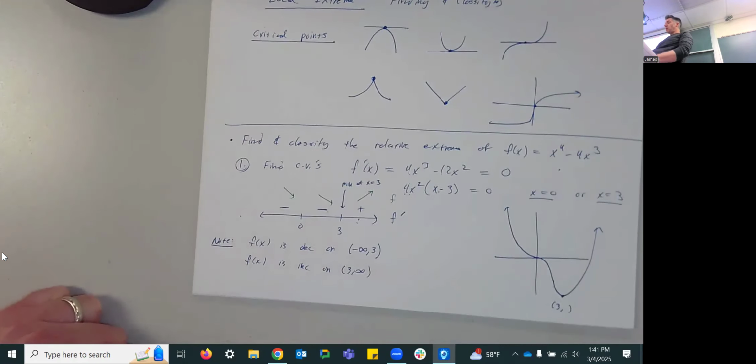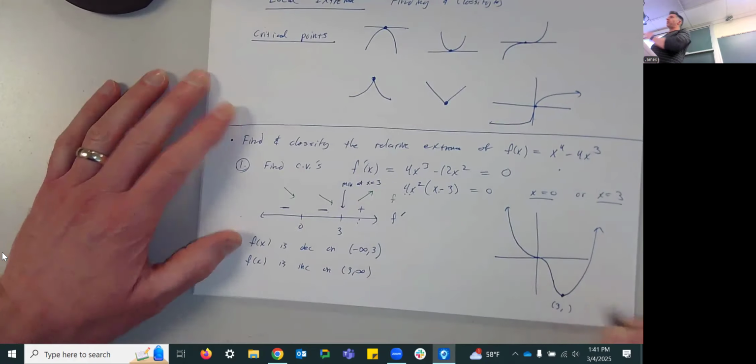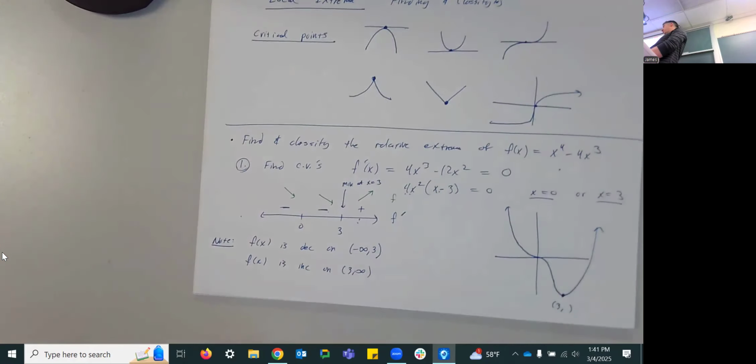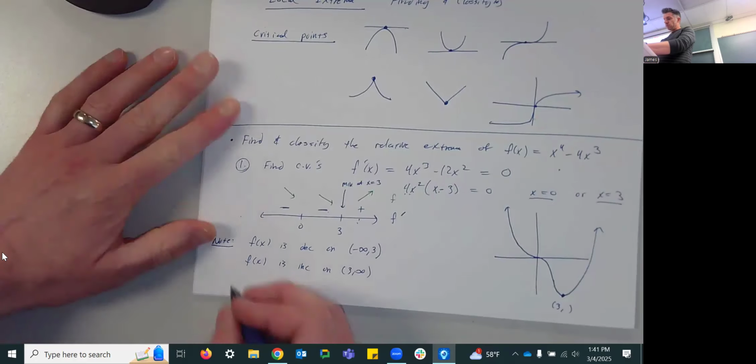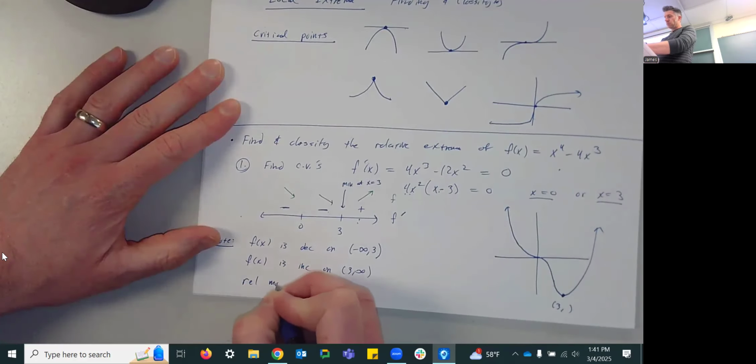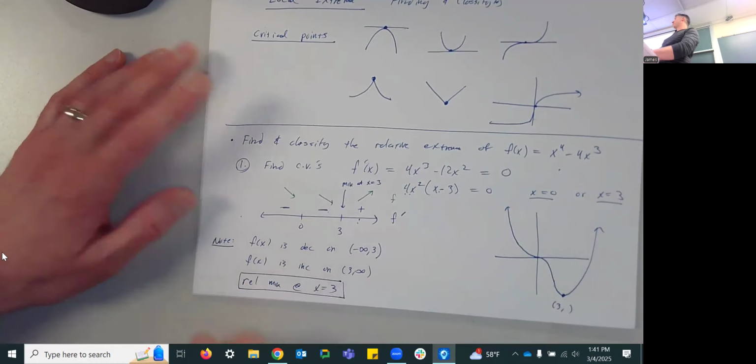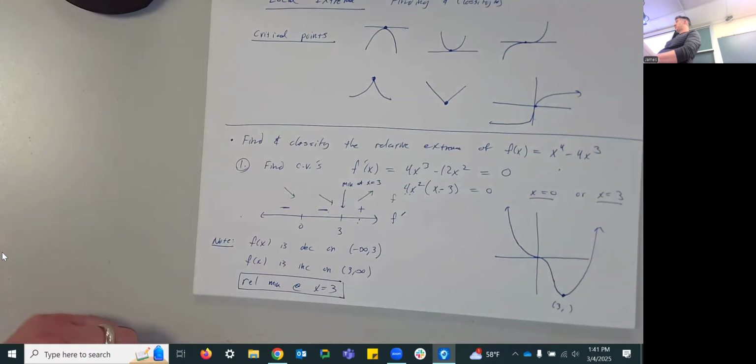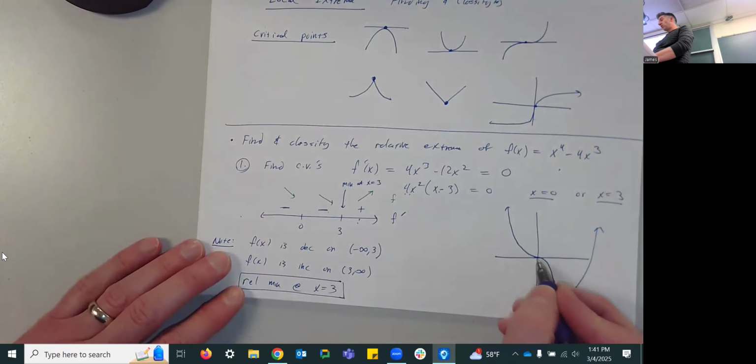So we can see, oh yeah, we have a relative and global, but we don't really care about the global part. We have a relative minimum at x equals 3. And we have neither a minimum nor a maximum at x equals 0, but the derivative is 0 at x equals 0.